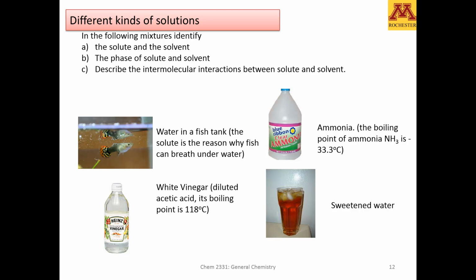Okay, so let's see if we can understand what solute and solvent are in 4 everyday examples. In this case, the first picture is asking to identify the solute and the solvent, the phase of solute and the solvent, and the kind of interactions. Well, in a fish tank, the reason why a fish can breathe is because you have oxygen.